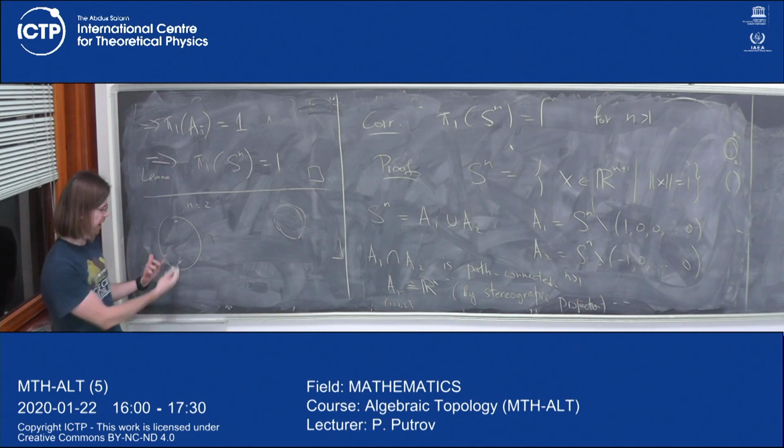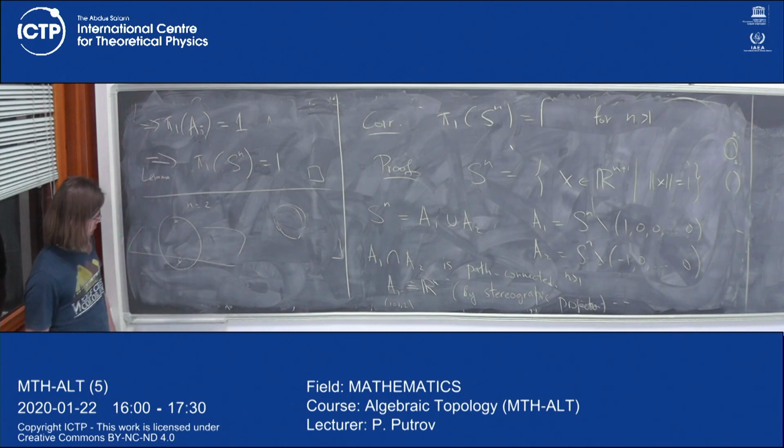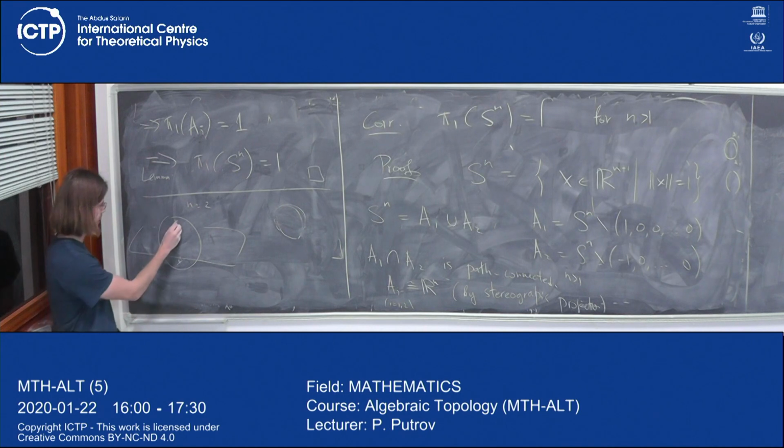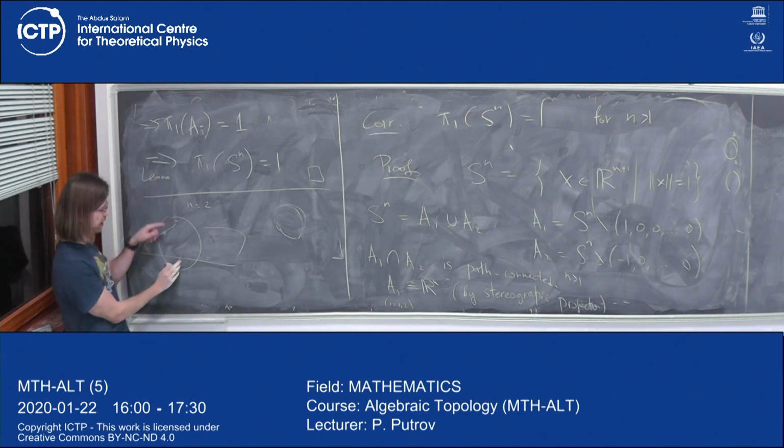If I remove the north pole, I can stereographically project onto R2 like this. So this gives me the fact that any loop in A1 is contractible. If I just remove one point, I'm not using any false statement that if I remove both points, any loop is contractible. I'm just using that if I remove one of them, any loop is contractible, and if I remove the other, any loop is contractible.